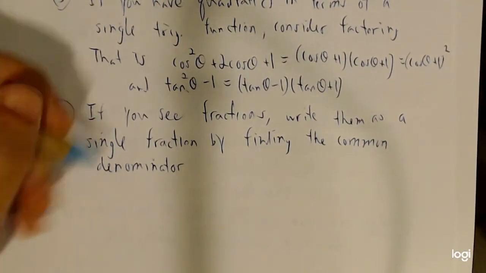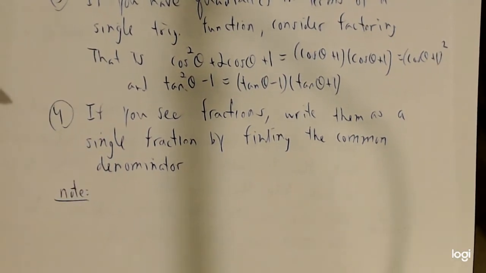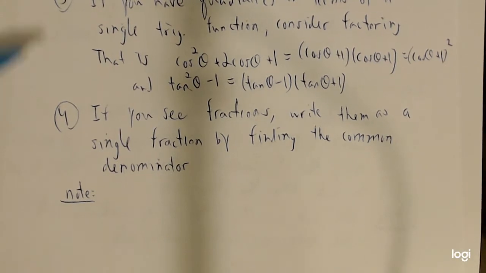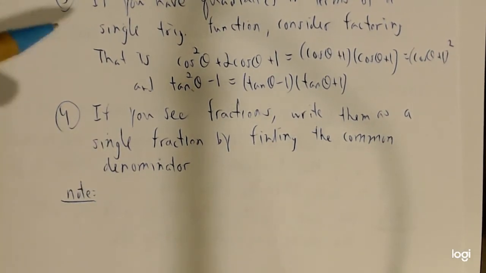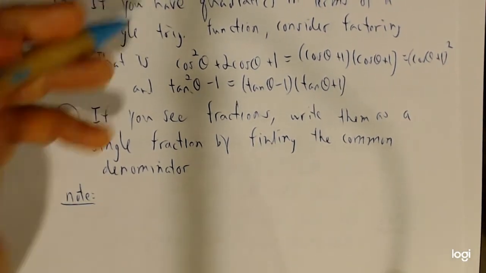Okay, so one last comment I want to make before we do some examples and wrap up this section is this. One thing that gets lost when people are trying to prove these trig identities is they stop looking at what their end result needs to be. And that to me is the most important part.